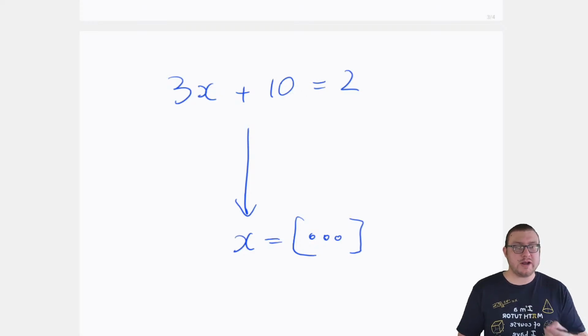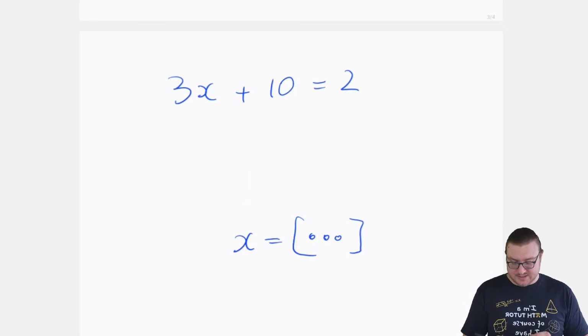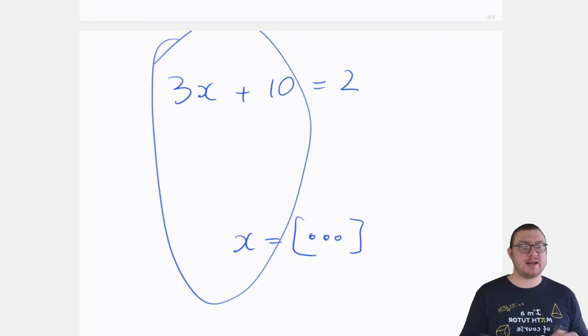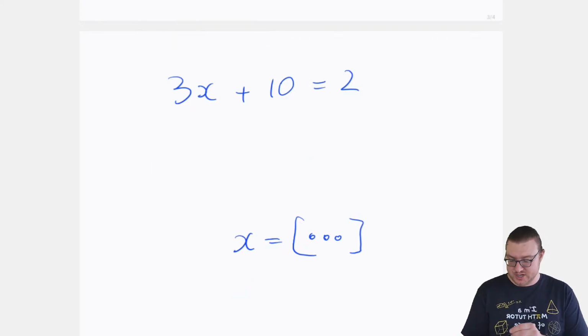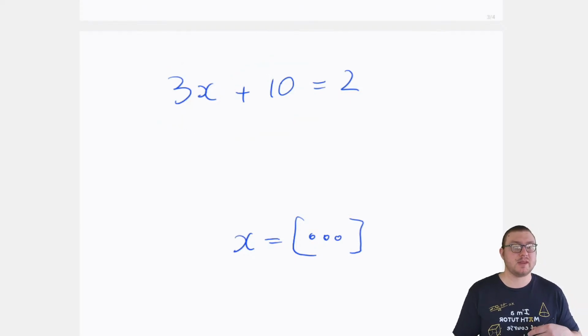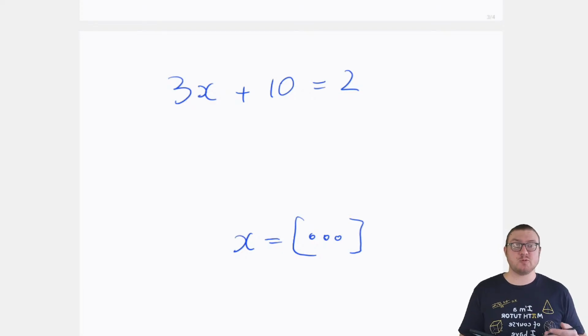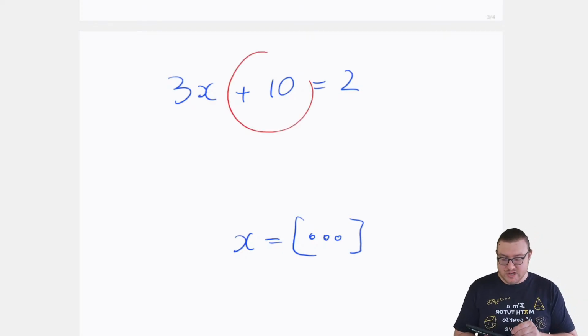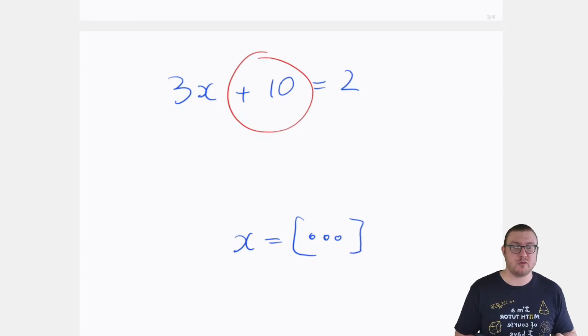Now, when I first introduce students, I always ask them, what is in the way? Why do we not have that x equals situation? And usually students will tell me, well, there's a 10 and there's a 3 that I don't like. So we need to get rid of them. And again, now we need to decide which one we need to do first. And you probably instinctively already know that the plus 10 needs to be removed first.